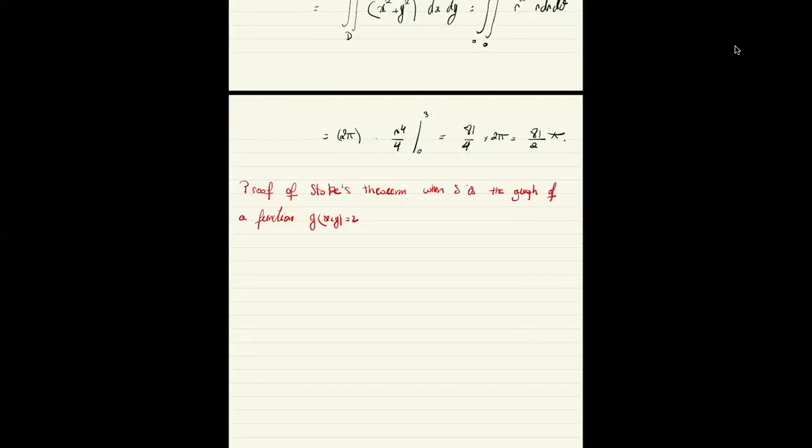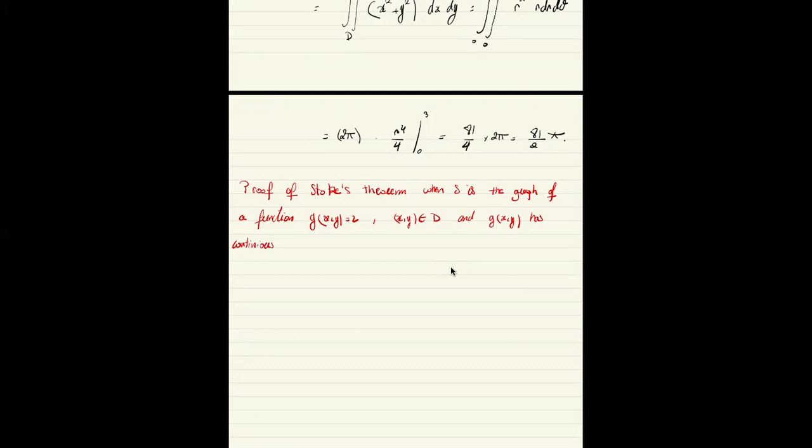Oh, did I stop? Is it recording? Okay, and x, y are in some domain D, which is the projection, and g(x, y) has continuous second order partial derivatives.